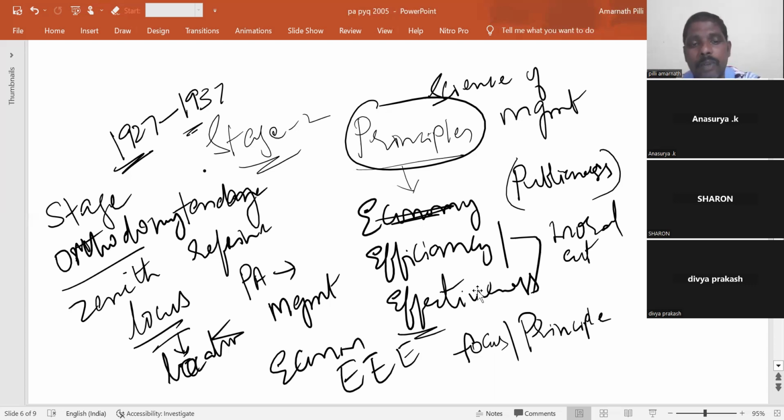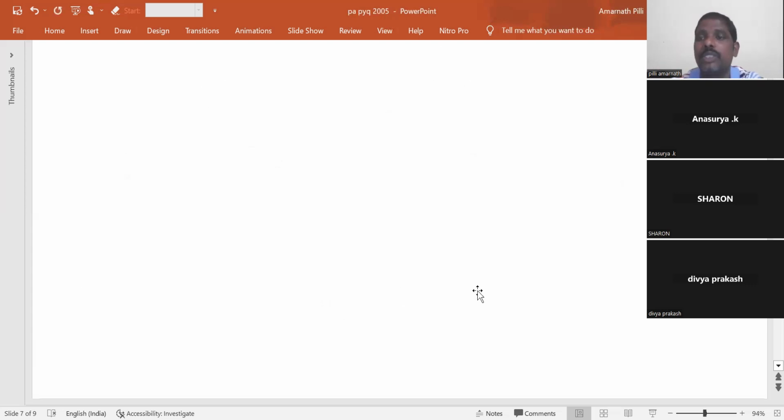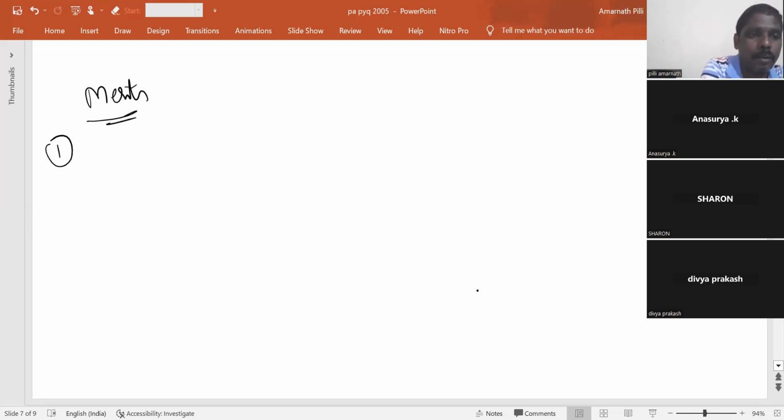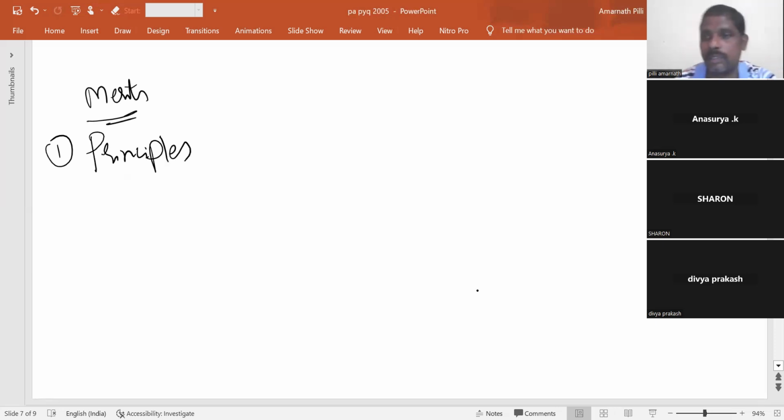If you take the outcomes of stage two, the main merits: in what way have the principles enhanced the discipline of public administration? First of all, principles were brought out.